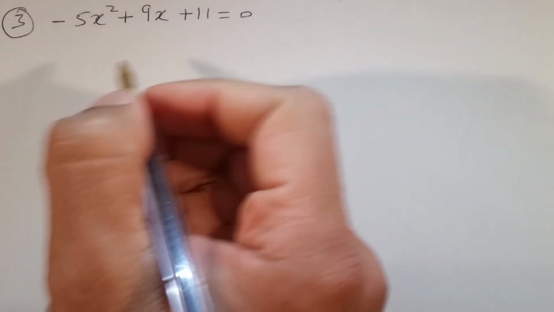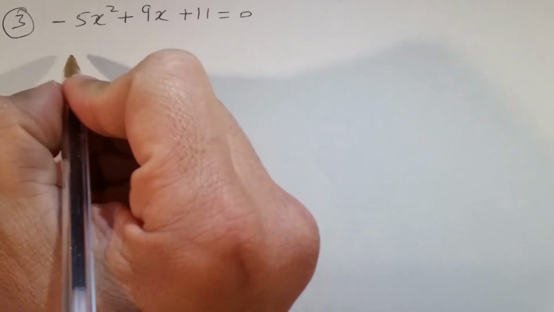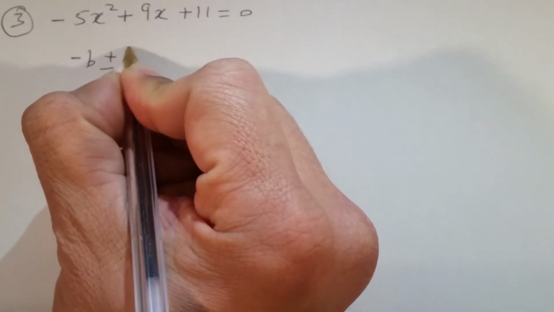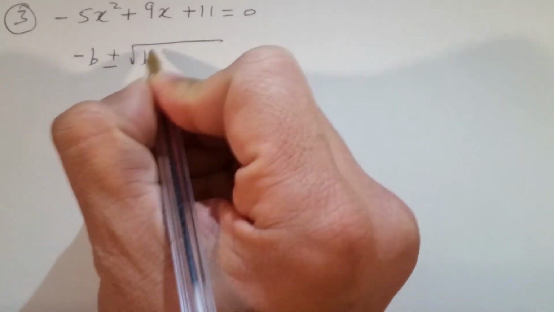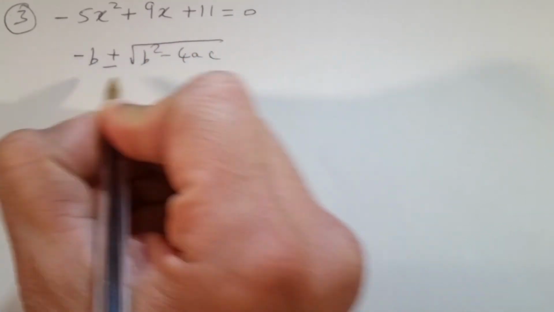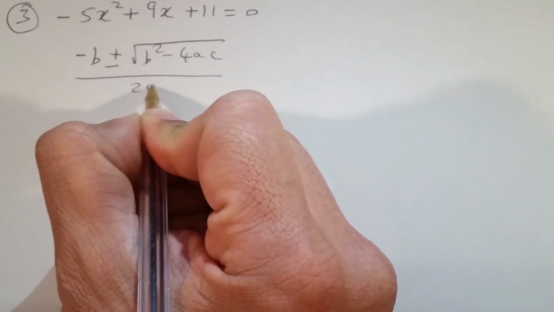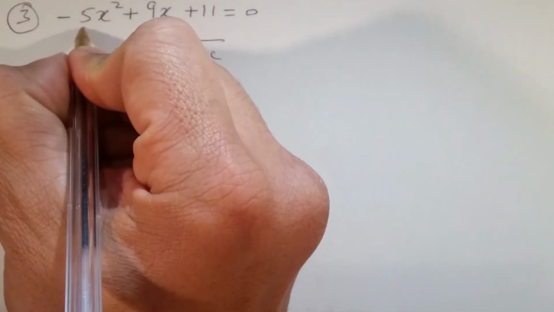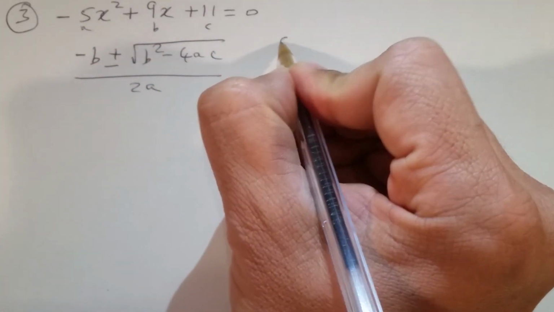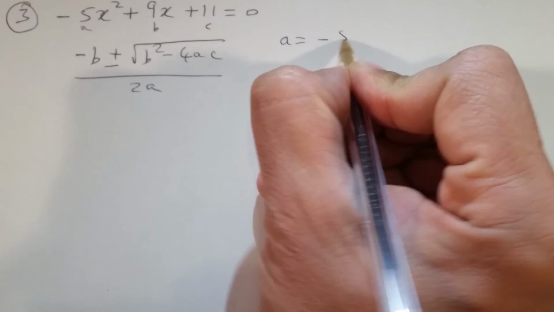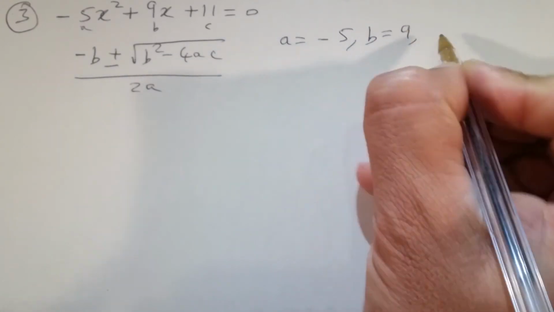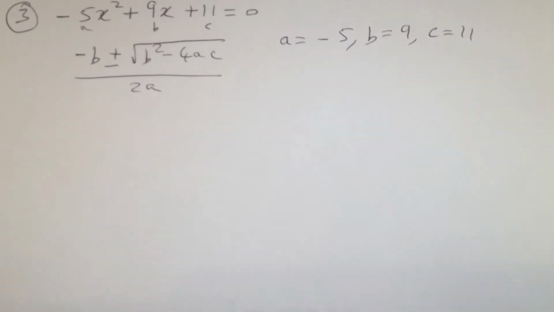So our formula, which everyone knows, minus b plus minus root b squared minus 4ac over 2a. Right, so what is our a, b, and c? Our a is minus 5, b is 9, and c is 11.